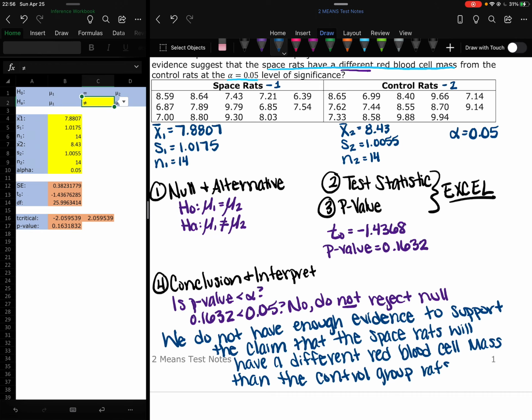That's what we were trying to prove. We did not have enough evidence to support that claim.